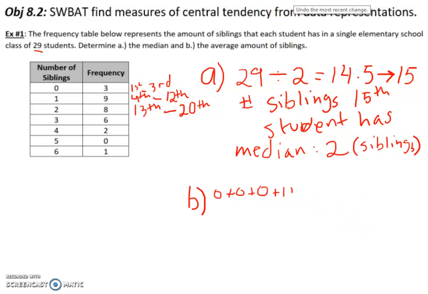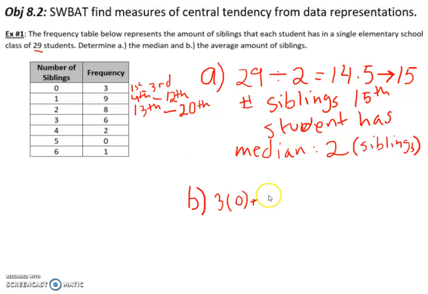So what we can do instead, because mathematicians are lazy but efficient, keyword is efficient, is use multiplication to our advantage. There were 3 students with 0 siblings. So instead of adding, we'll use multiplication.